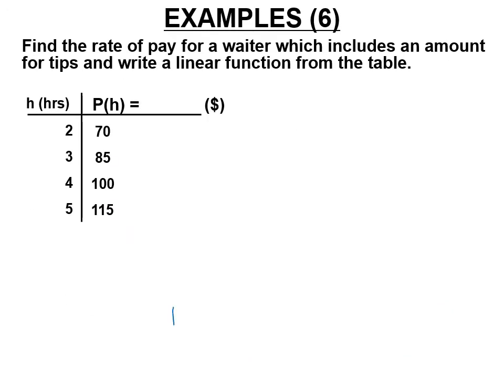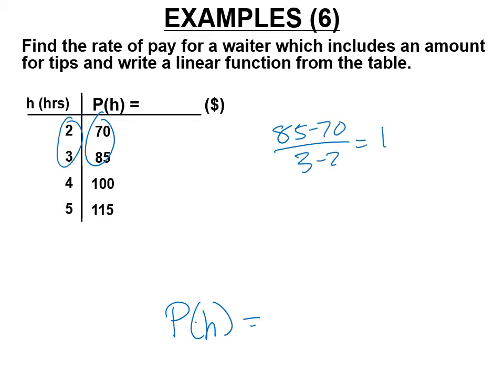All right, so we're going to find the rate of pay as a function of the hours worked here. Find the slope, so 85 minus 70, 3 minus 2, so it's 15, right? Yeah, 15. He's making $15 per hour. You pick any of these points and you put it in the y equals mx plus b equation.